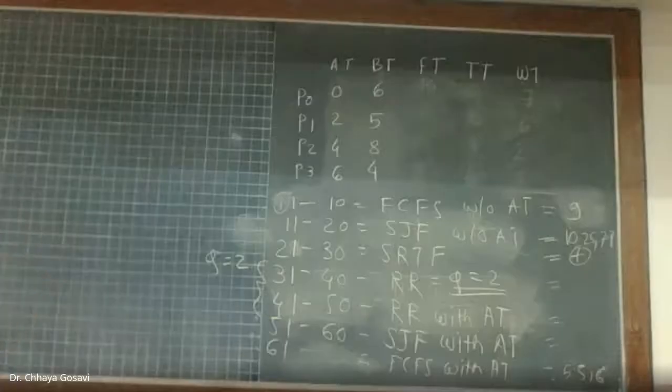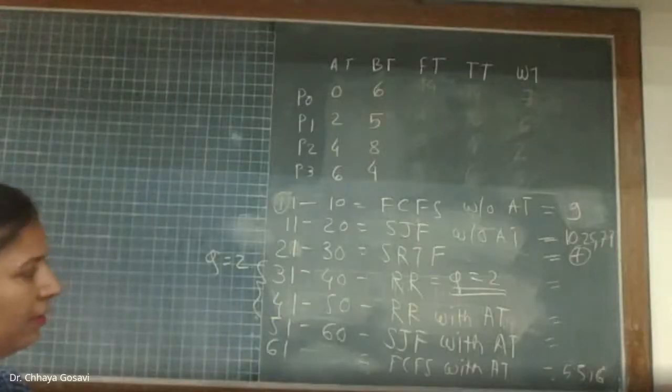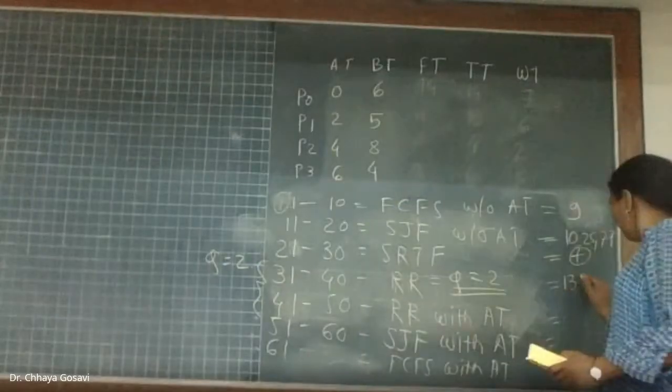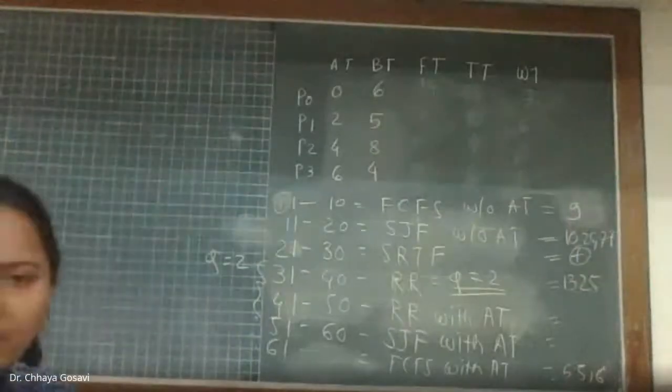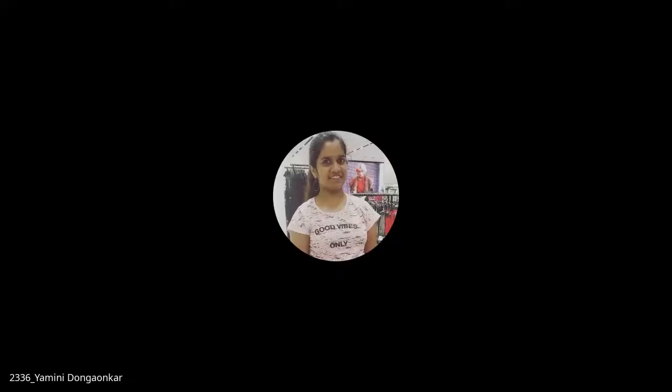So what is the value you are getting without arrival? 13.25. Yamini, you solved it with round robin? Yes, ma'am. I'm getting 13.25 also. You are getting the same value. Okay. Yes, ma'am.